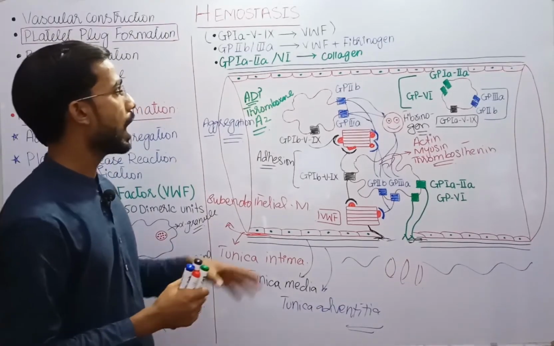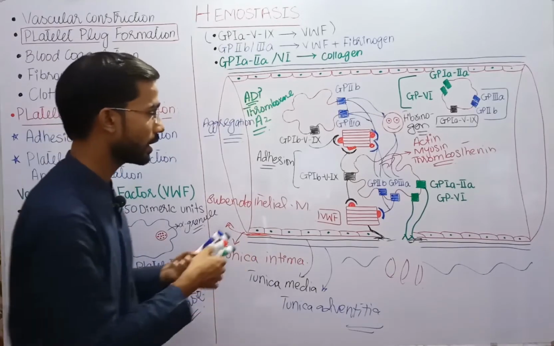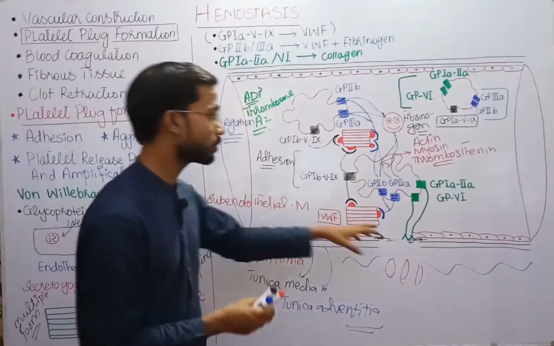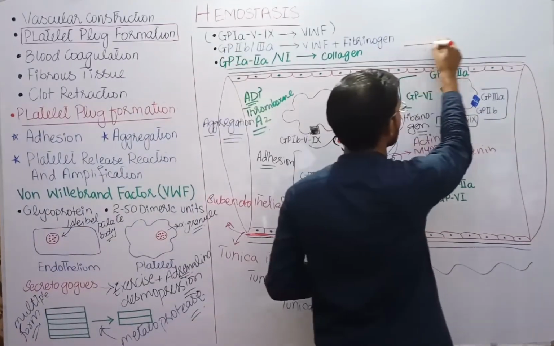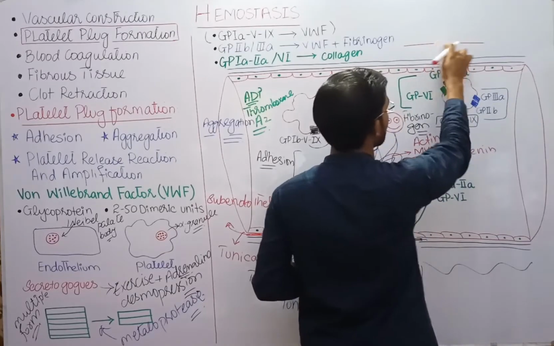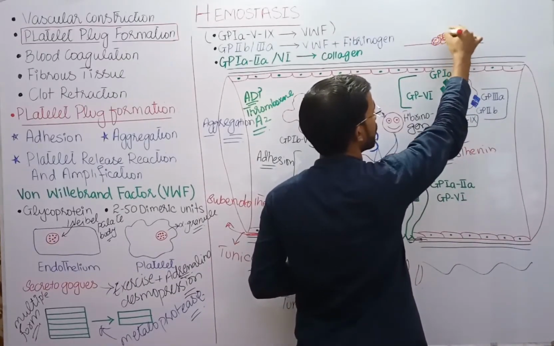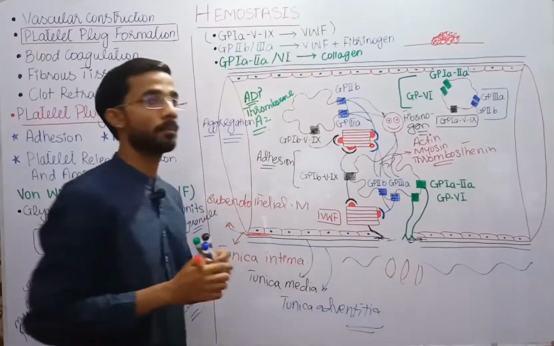So this is all about the plug formation, right? Here you can see a lot of further platelets come and attach to this side. Here I show you. You can see that a lot of platelets accumulate and form a plug.